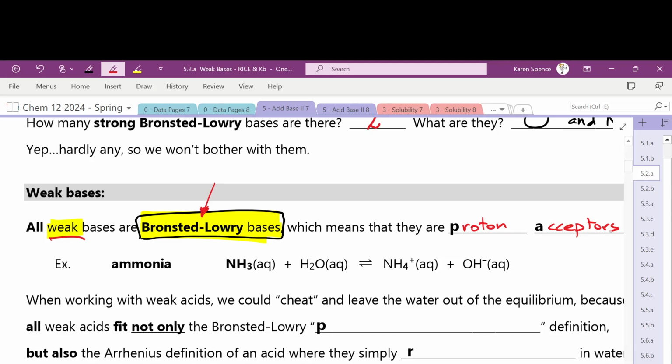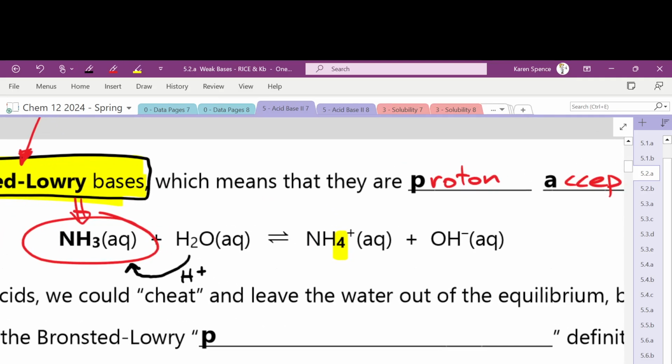So for example, here is ammonia, which is a Bronsted-Lowry base. And what is it doing? It is accepting a hydrogen from the water. So a hydrogen transfers from the water onto the ammonia, and we end up with NH4 plus. Okay, so it accepted a proton. And what were we left with after water gave away a proton?